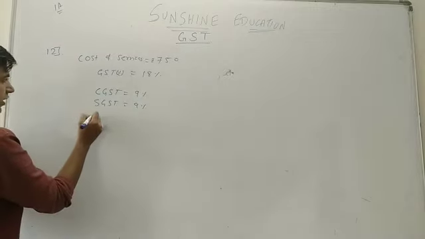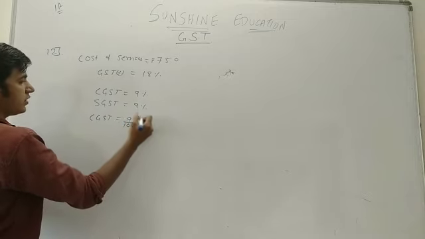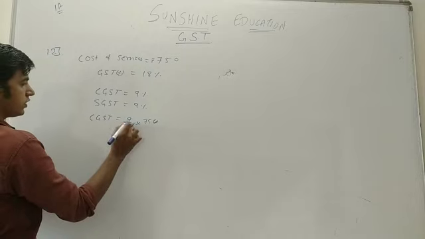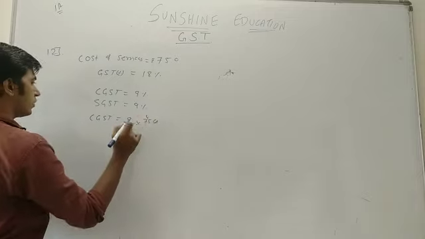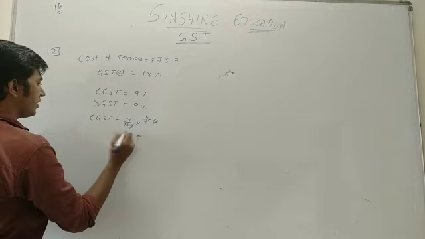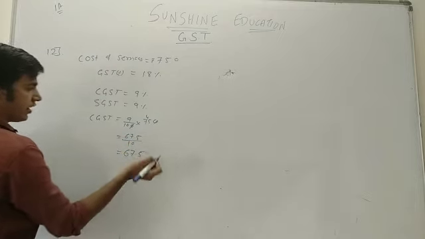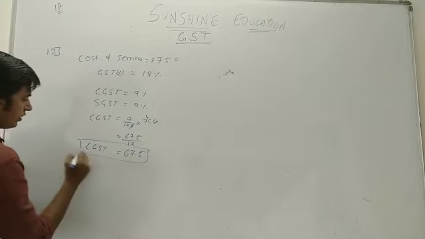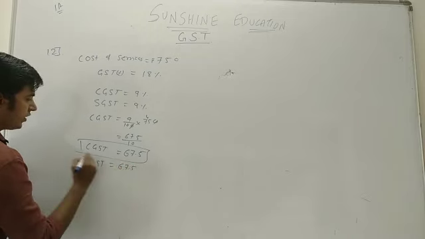So we can easily find out CGST is equal to 9 upon 100 multiplied by 750. 0, 0 cancel. Just multiply it. So 9 5s are 45. 9 7s are 63 plus 4, 67 upon 10. So it is 67.5. So CGST is 67.5. Similarly, SGST will be the same, 67.5.